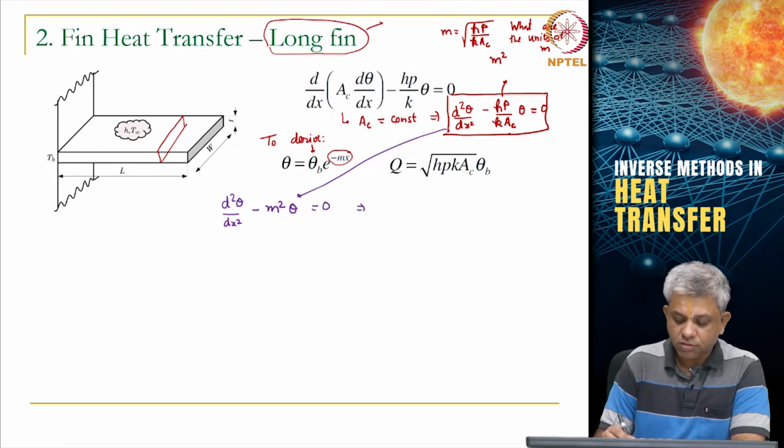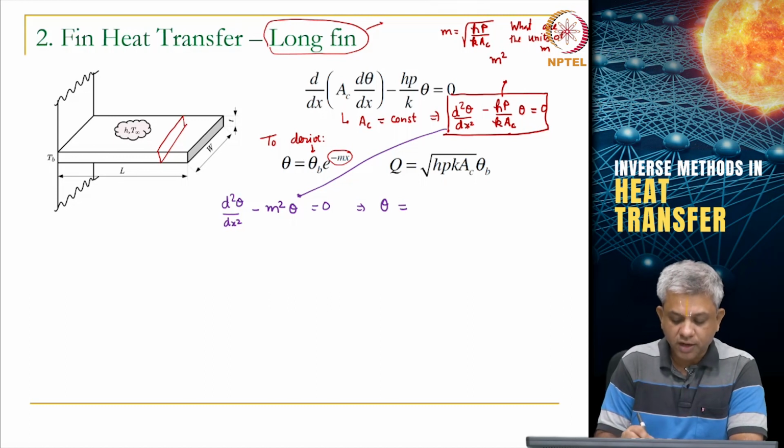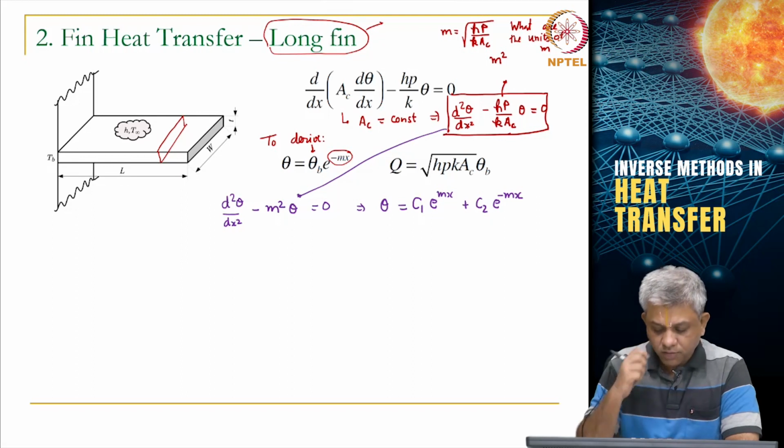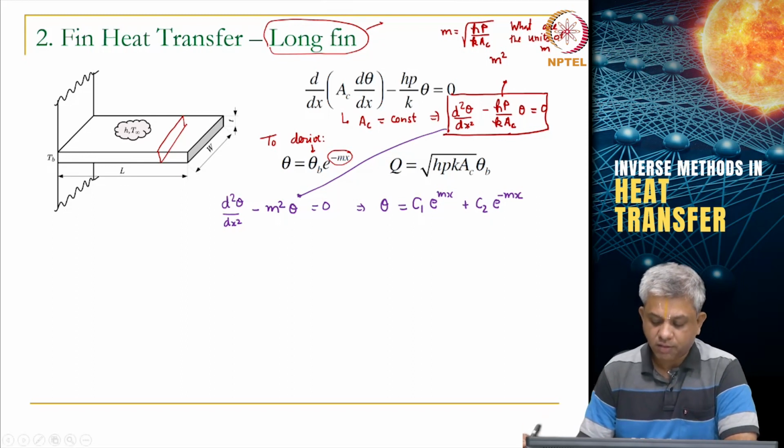You would know this kind of equation. So theta is some constant times e to the power mx plus some other constant times e to the power minus mx. Why is that? If you differentiate this twice, you will get an m squared up front. So d squared theta by dx squared is simply m squared times theta.